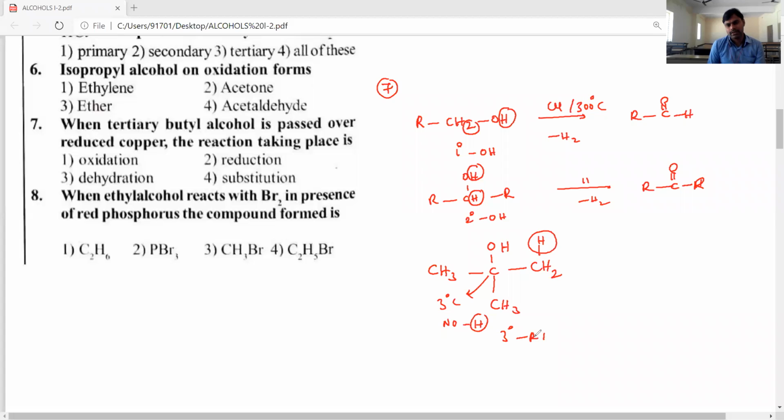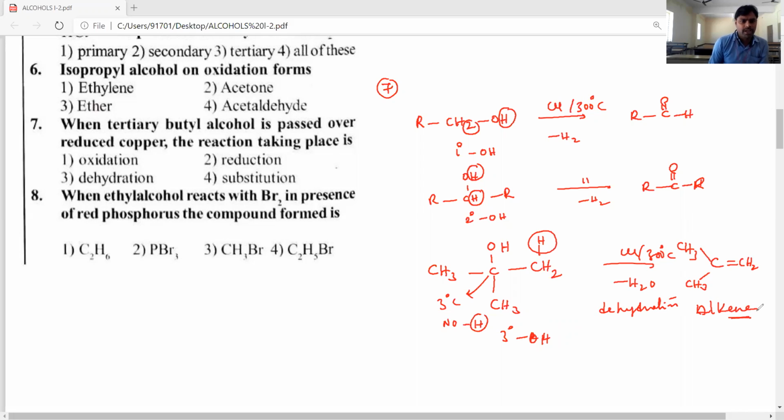That's why it undergoes a dehydration reaction to produce alkenes.